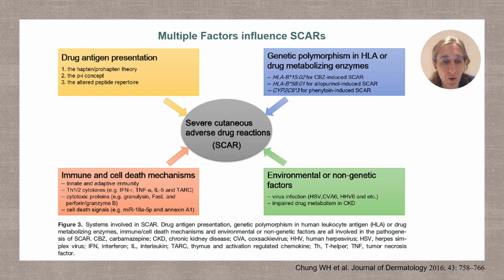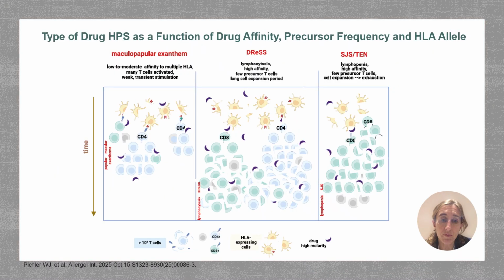We have Th1, Th2, Th17. We have a lot of cell death signaling and cytotoxic proteins, but also, importantly, there are environmental or non-genetic factors like virus infections and impaired drug metabolism in certain patients that also influence the occurrence of SCARs.